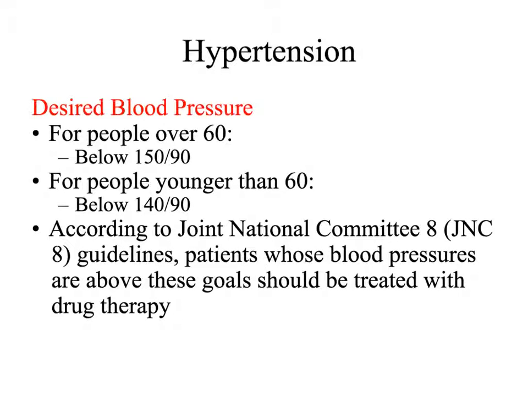In 2014, they met and they came up with the JNC, which stands for the Joint National Committee, 8th time, and they came out in 2014 with their latest and greatest guidelines for treatment, diagnosis, detection, and evaluation of high blood pressure in adults.